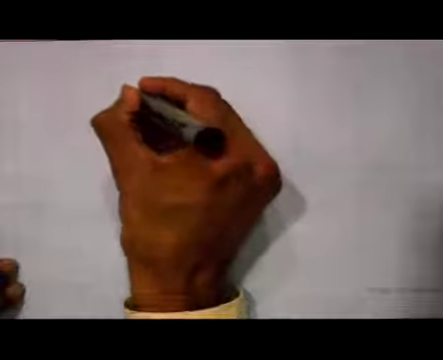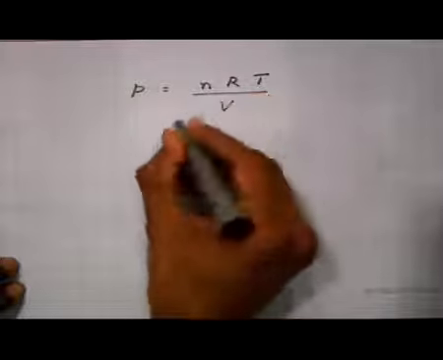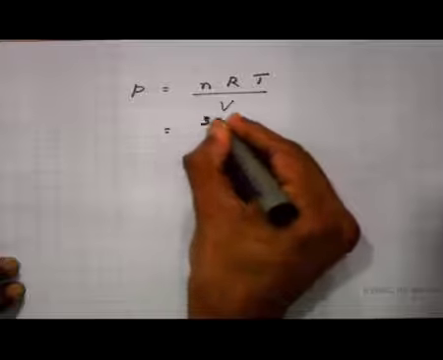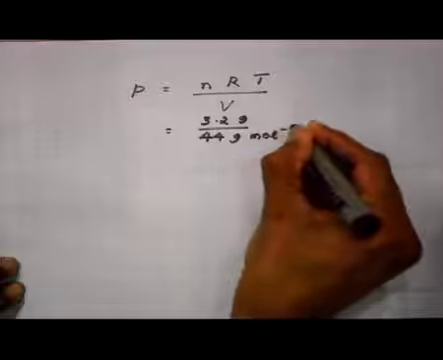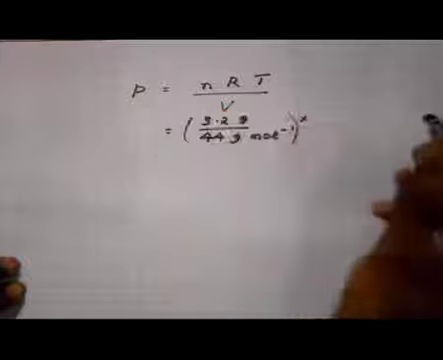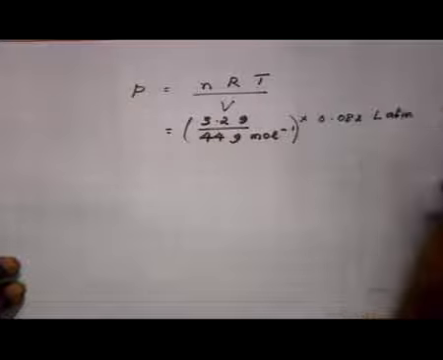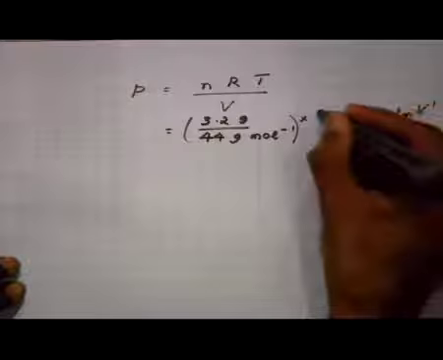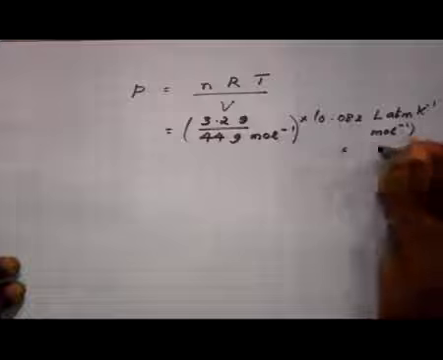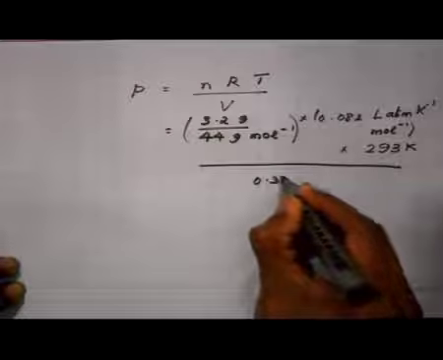All that we need to do now is to plug it in to the ideal gas equation of state, which we write as P is equal to N R T over V, and N is, we have computed, is 3.2 grams over 44 gram per mole times 0.082 liter atmosphere Kelvin to the minus 1 mole to the minus 1, that is R in appropriate units, times 293 Kelvin divided by 0.350 liters.